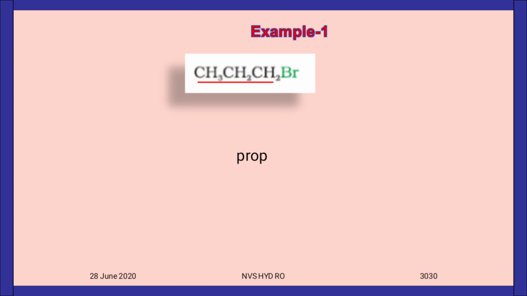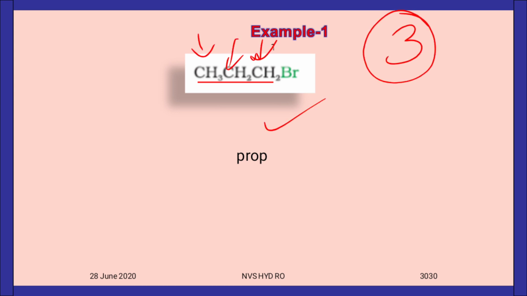Now see, example 1. What is given here? How many carbons are there? If I count the number of carbons, 1 carbon, 2 carbon, 3 carbons, it must contain prop.